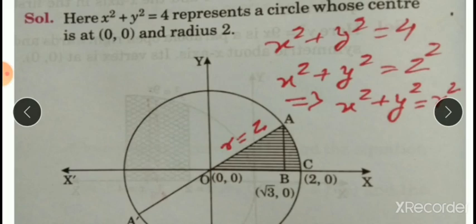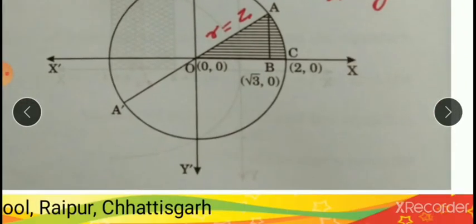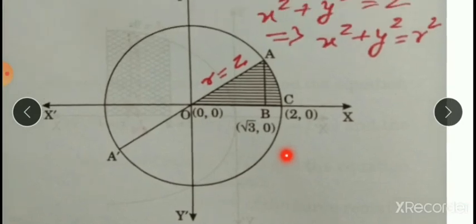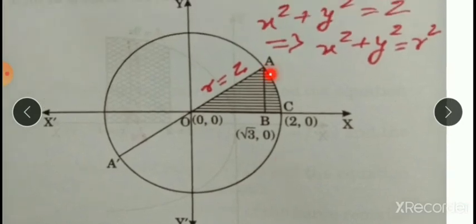When we solve the circle x square plus y square is equal to 4 and the line x equal to root 3y, we are getting, here is 0 0 and this point A is root 3 0, this will be 2 0.